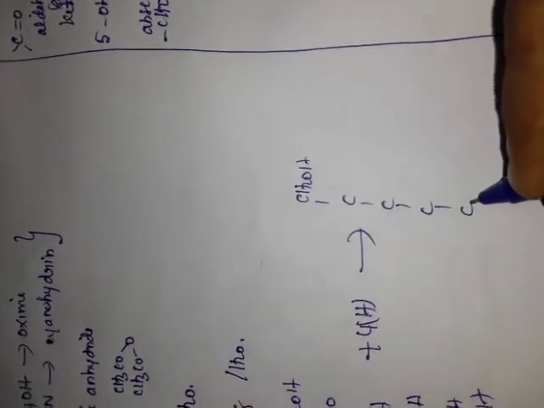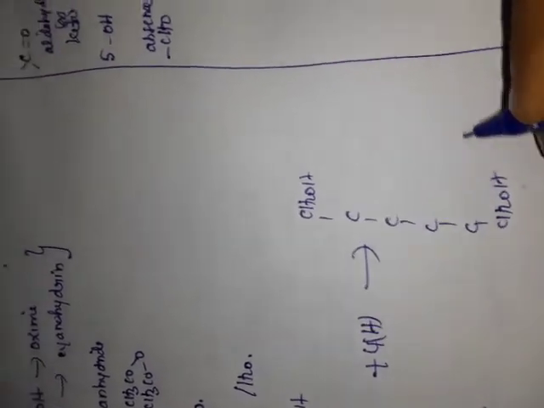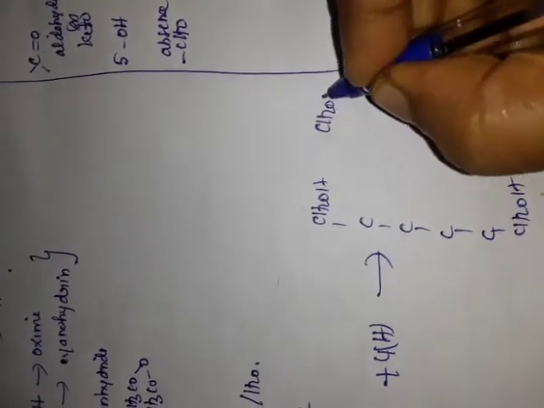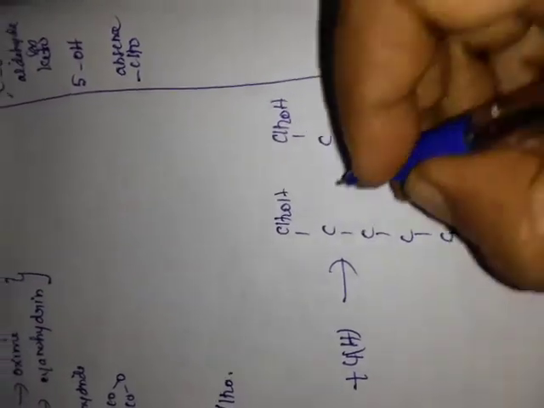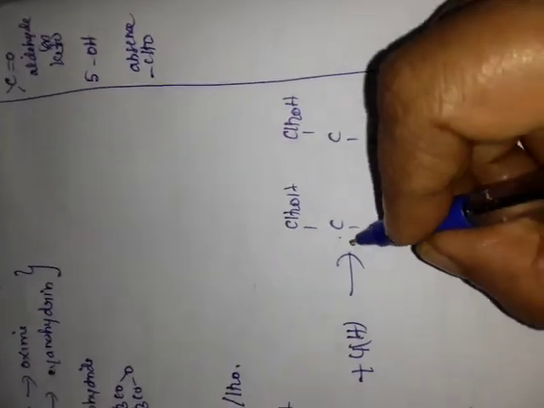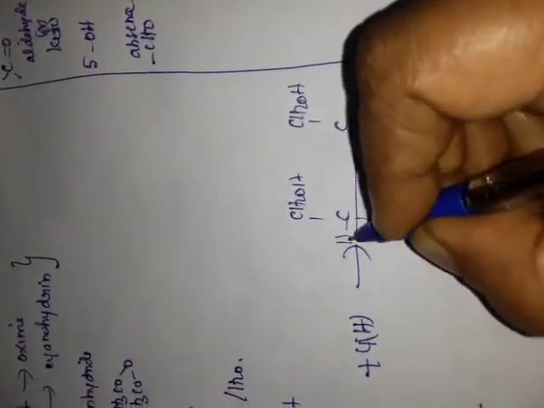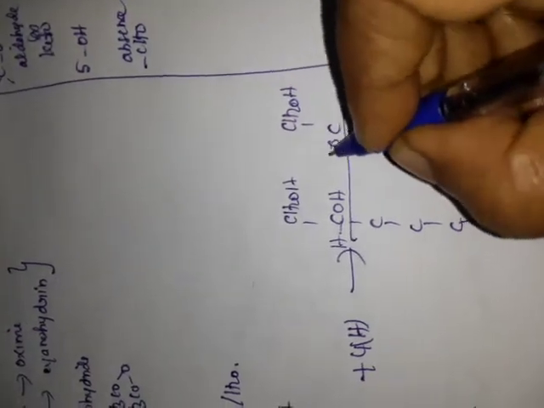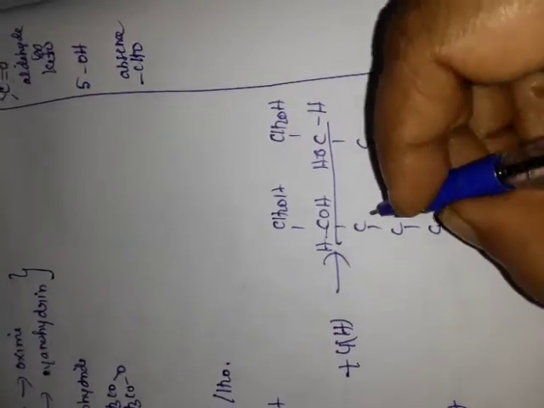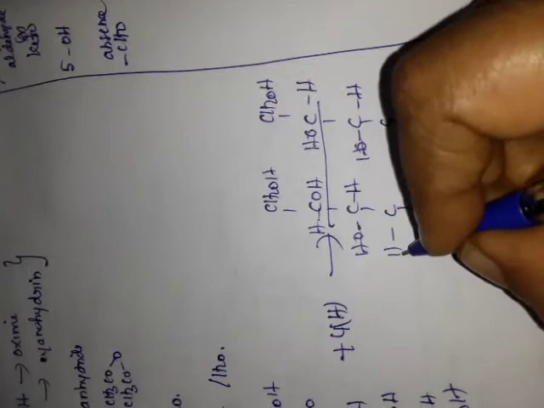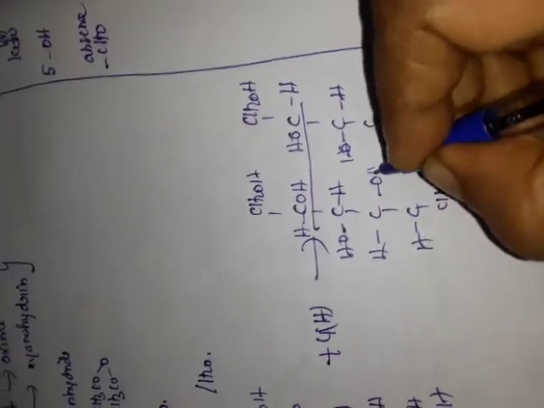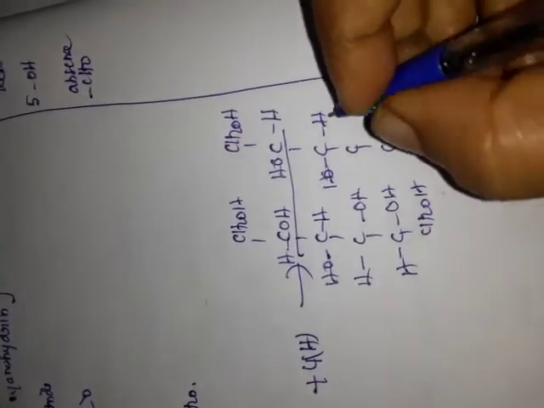Here also CH2OH, CH, CH2OH. Only at the second carbon there is a difference. Here H, OH, here OH, H, this only differs. Others are all the same.